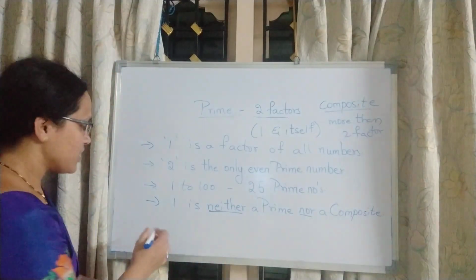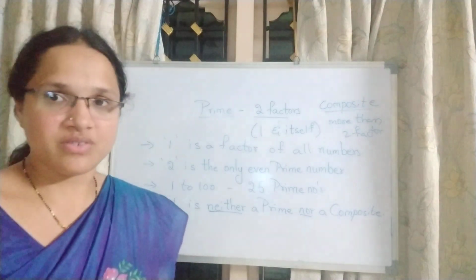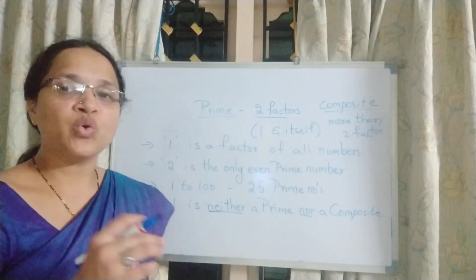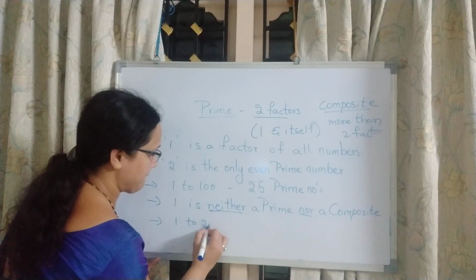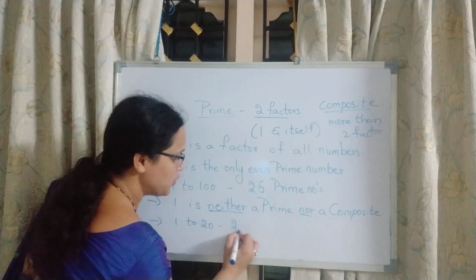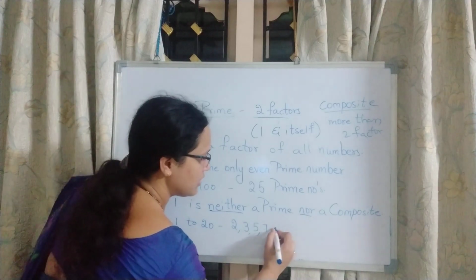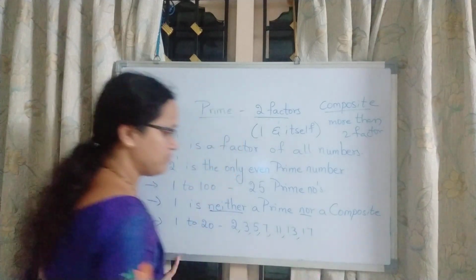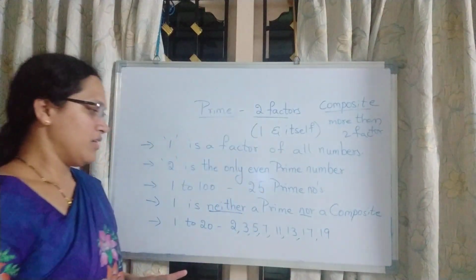And now, let us learn the first initial primes. Let us see the initial primes from 1 to 20. How many are there? 2, 3, 5, 7, 11, 13, 17 and 19. Right?